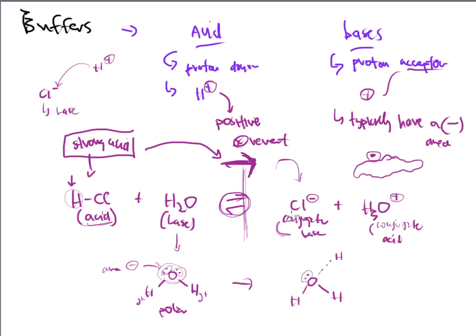So this chlorine will probably never accept a proton and make HCl again. And this H3O plus system will probably never spit off the hydrogen to make H2O again. And if it does, it's going to be very rare, and it's going to happen in very small amounts. And these small amounts we're just not going to be concerned with.